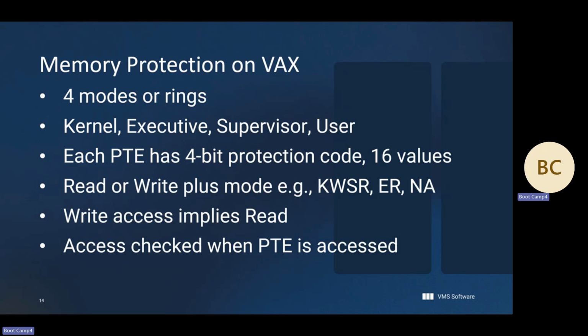So we have kernel write, supervisor read, or executive read, or a special one which means no access. If you tried to reference through it, you're going to get an access violation. A write access means read, so where it says kernel write, that means kernel read as well. And the check is made when the PTE is referenced through.